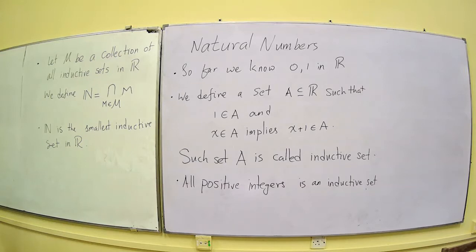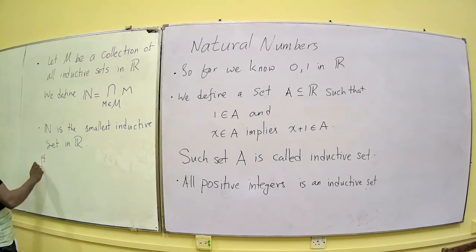You can easily say that, and we shall try to prove it the following way. First we have to show that N is an inductive set, and then we have to show it is the smallest.